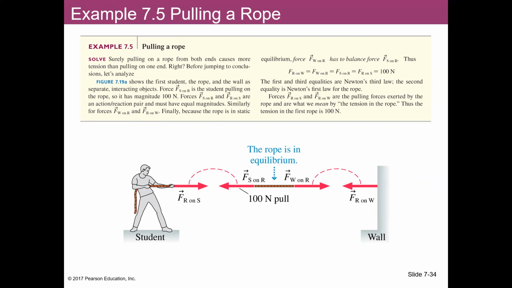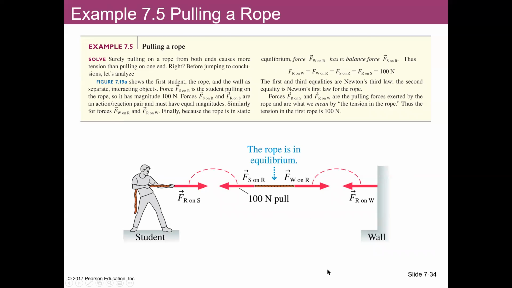The difference is that on the wall, it's the wall that's feeling the force, but the rope feels the same tension. And you have to imagine that there are all these little action-reaction pair dotted lines. In fact, they actually draw them right here. The two arrows on either side of the rope, that's what we call the definition of tension.